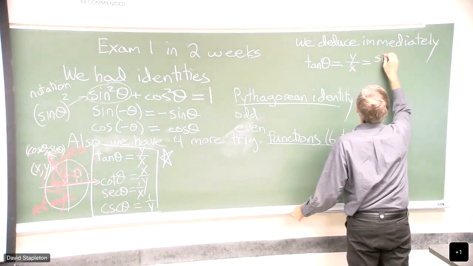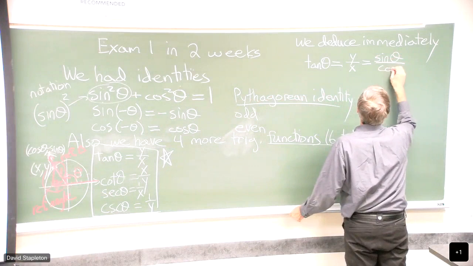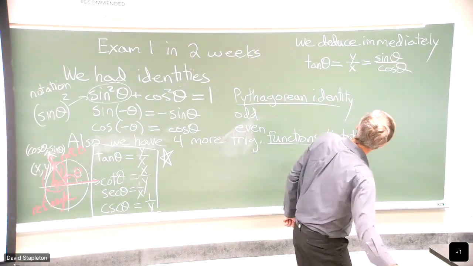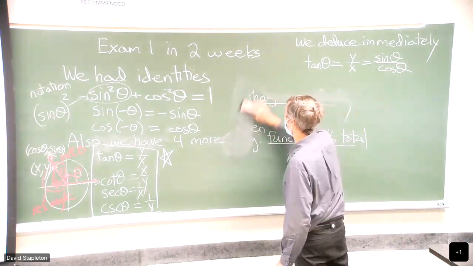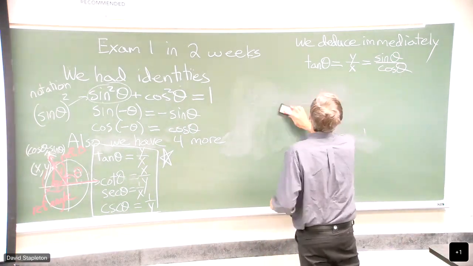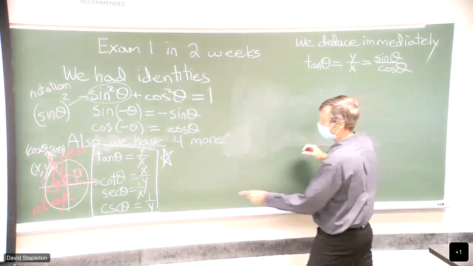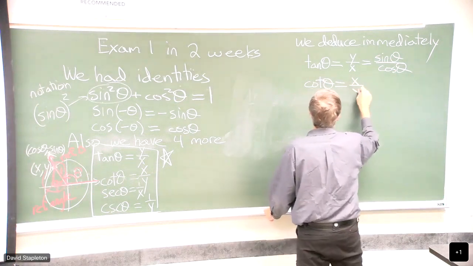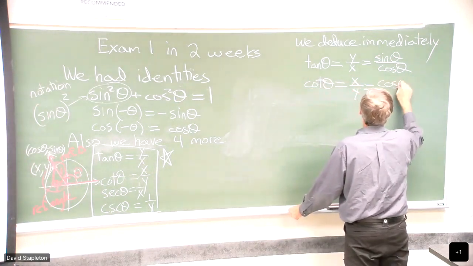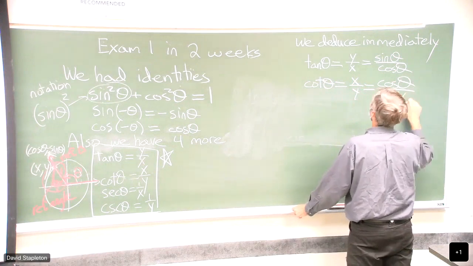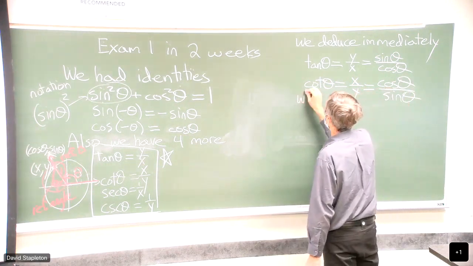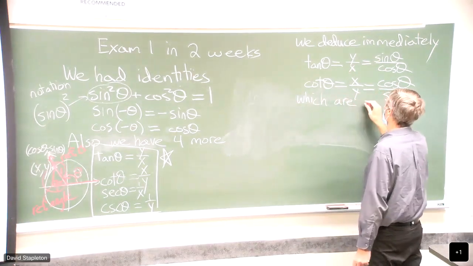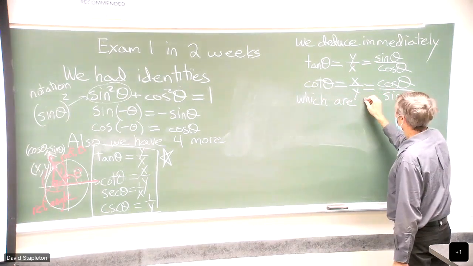So this is sine divided by cosine. And the cotangent being x over y. Well, x was cosine and y was sine. Which, without the proof step in the middle, are called the quotient identities.